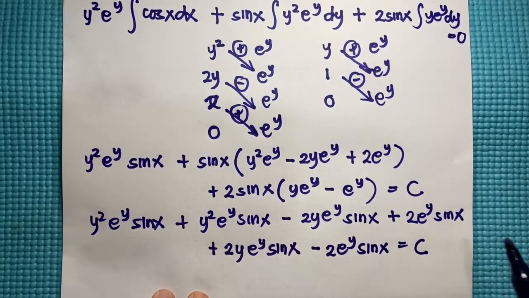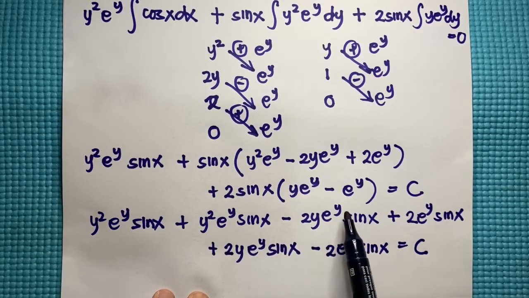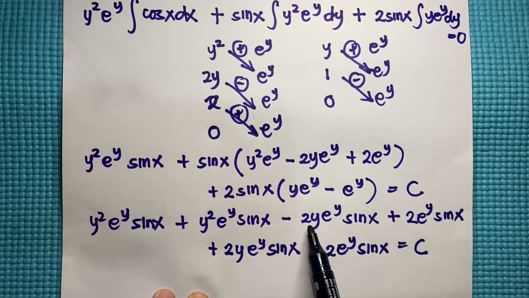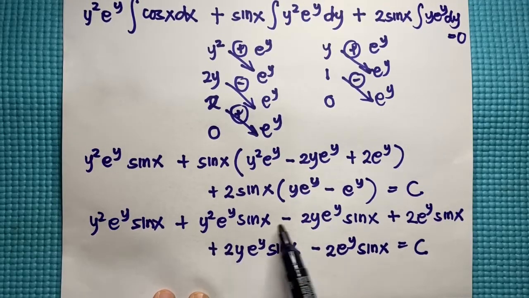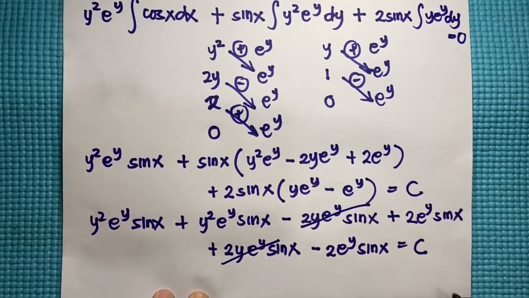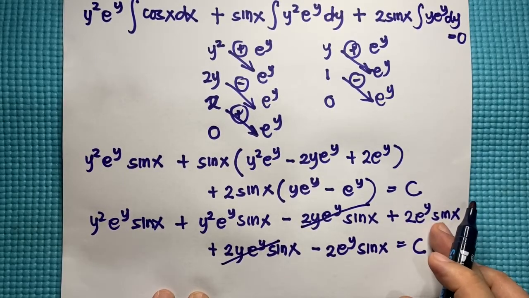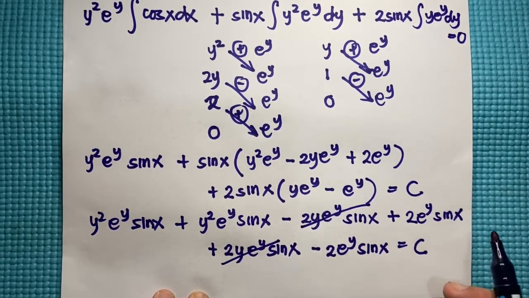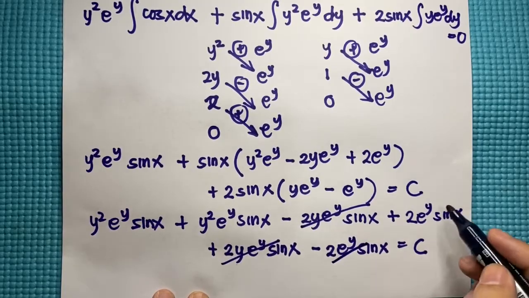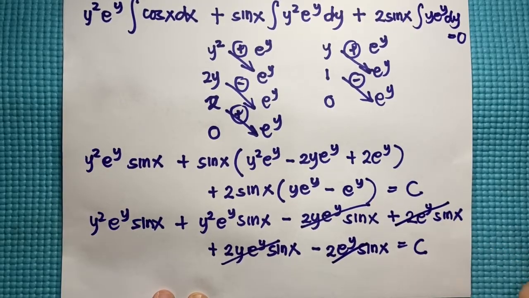As you can see here, this is negative 2y e^y sine x. The variables as well as the numerical coefficient are the same, but one is positive, the other is negative. Therefore, those cannot be combined as one; rather, they would cancel each other out. And similarly, we have 2e^y sine x and minus 2e^y sine x, so that would cancel out.